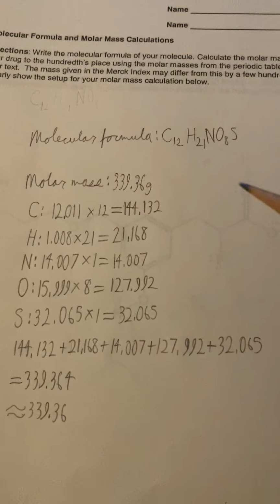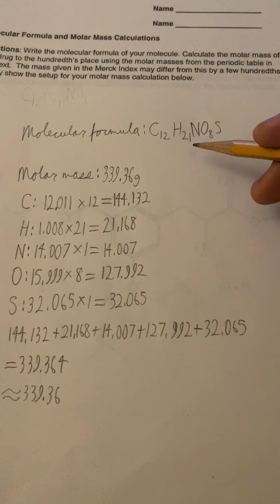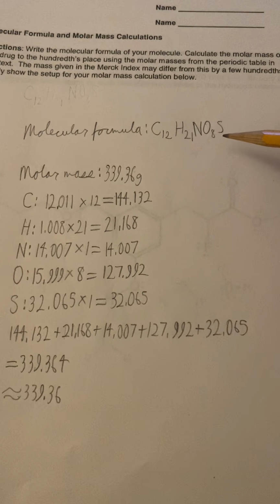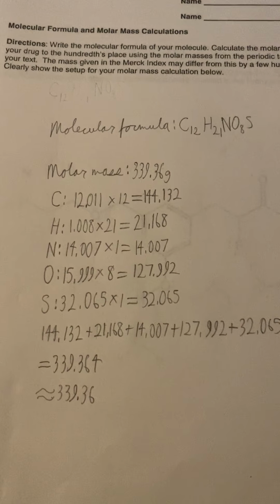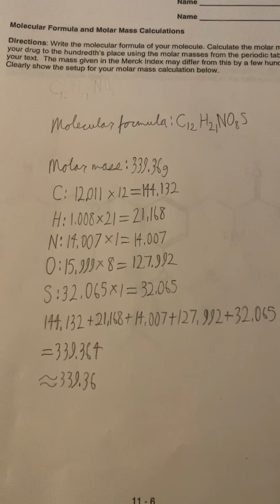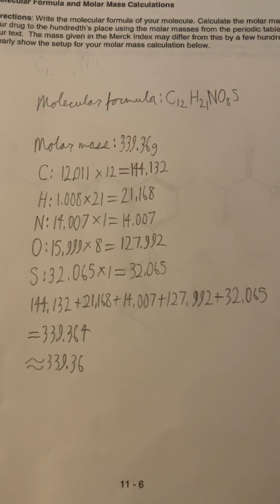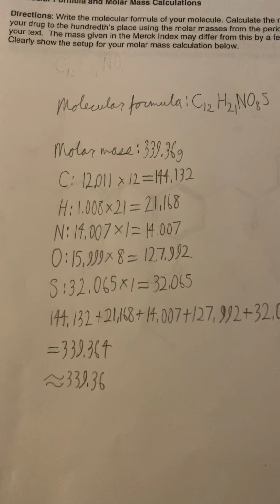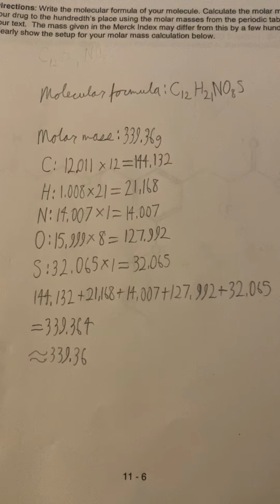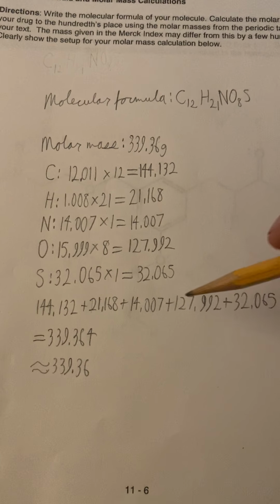The molecular formula of a topiramate molecule is C12H21NO8S. And to find the molar mass, I found the molar mass of each atom itself, and I multiplied it by however many of that atom was in the molecule, and then I added all of those up.